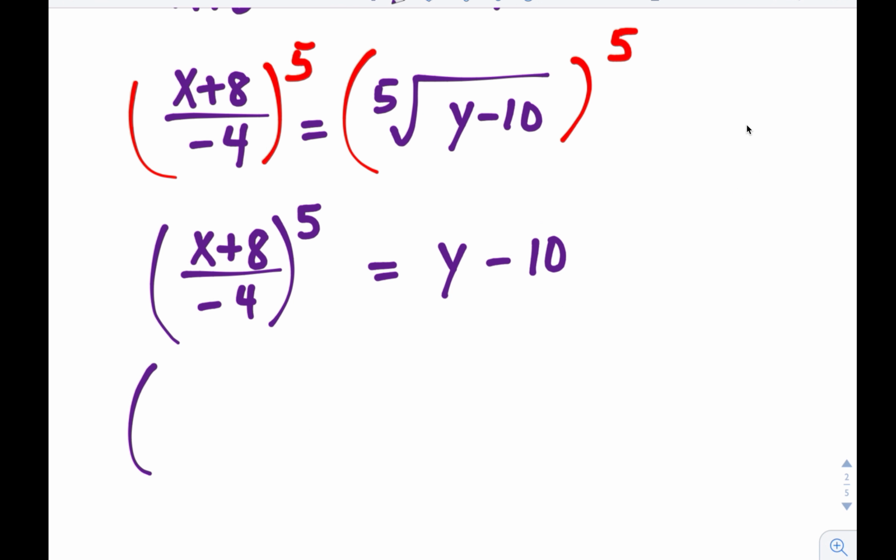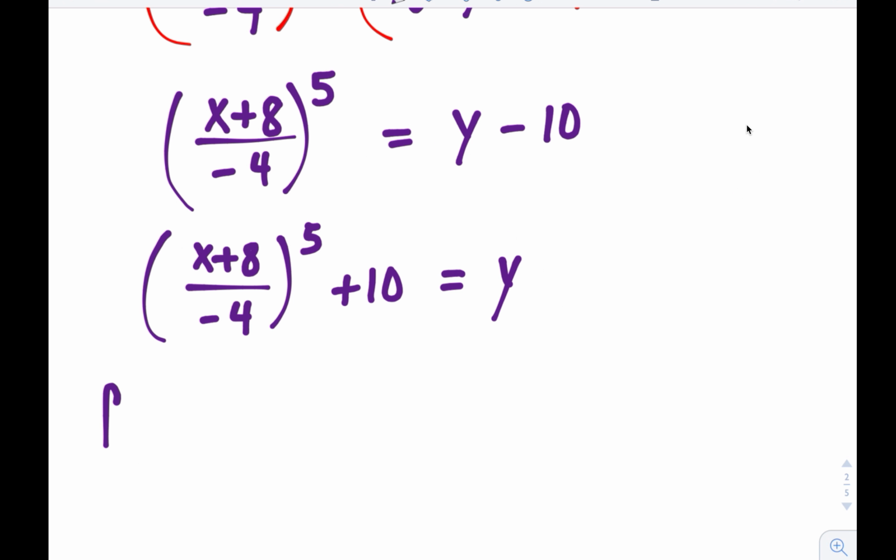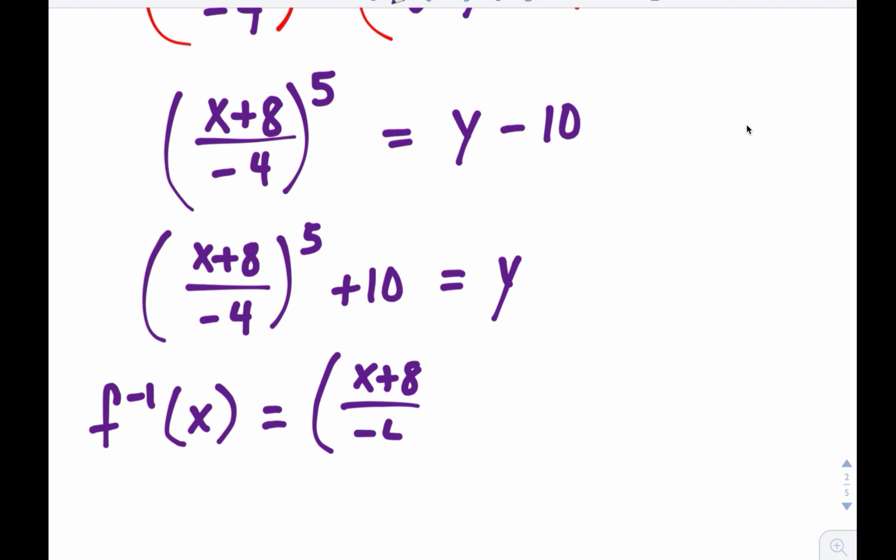So you've got x plus 8 divided by negative 4 to the 5th power plus 10. So my inverse now is x plus 8 divided by negative 4 to the 5th plus 10.